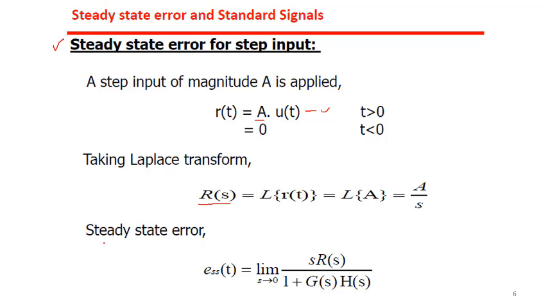So we know that steady state error ESS equal to limit as s tends to 0, in the numerator s into R(s), divided by 1 plus G(s) into H(s). Here wherever we have R(s), we are going to replace it by this equation, that is R(s) is equal to A divided by s.